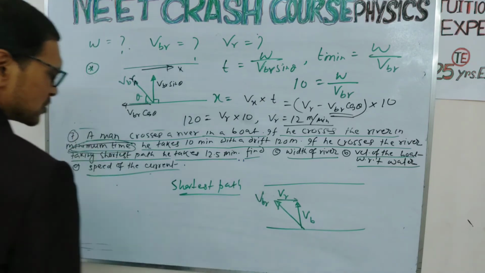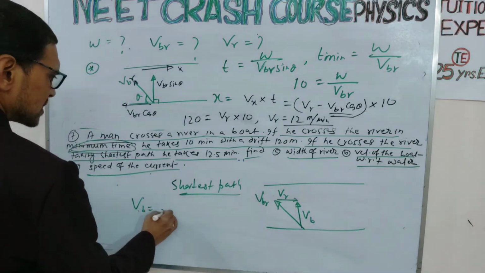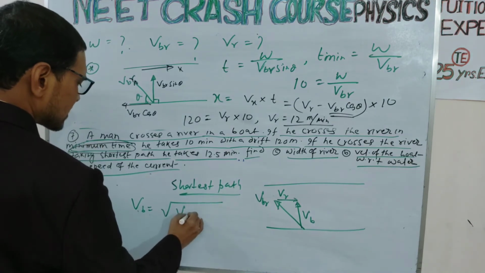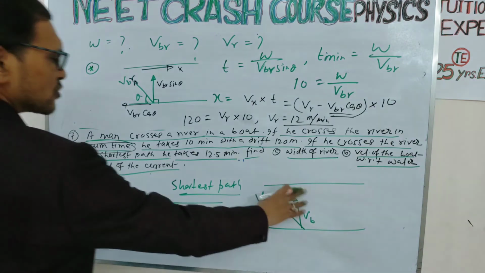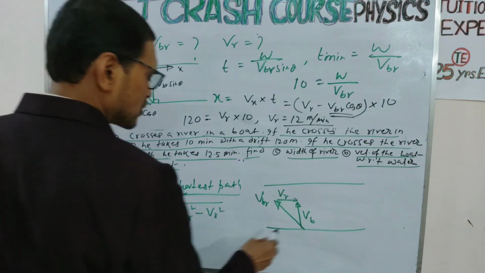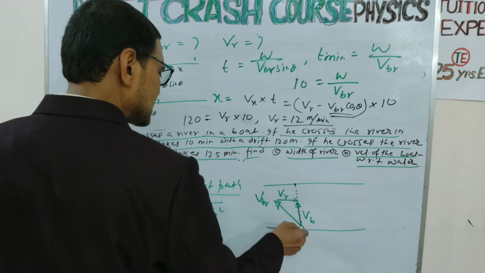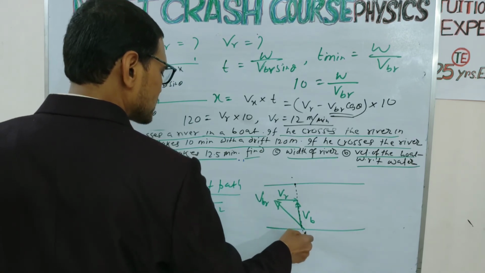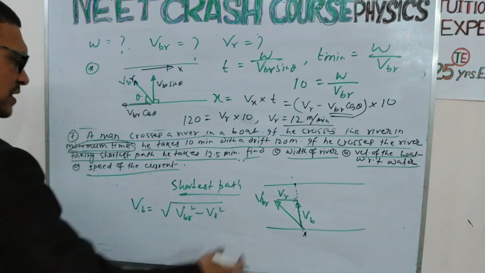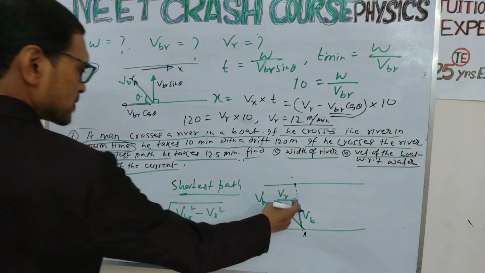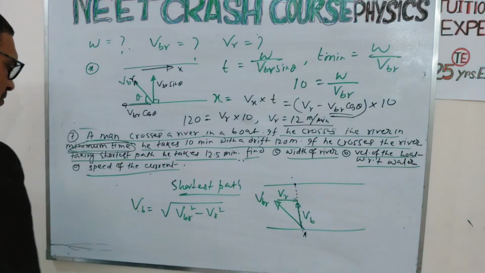Now what is the relation between these? Here VB equal to, from figure, root over VBR square minus VR square. So for shortest path the actual velocity of boat will be in this direction, such that he can cross just opposite of the starting point. This will be the shortest path.